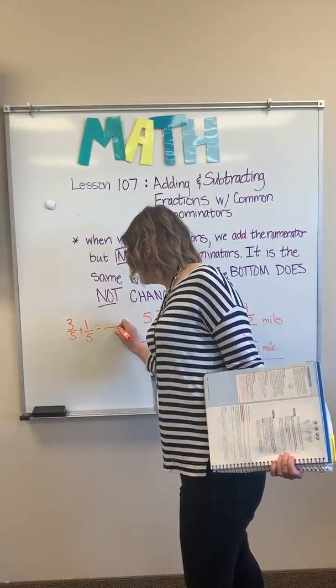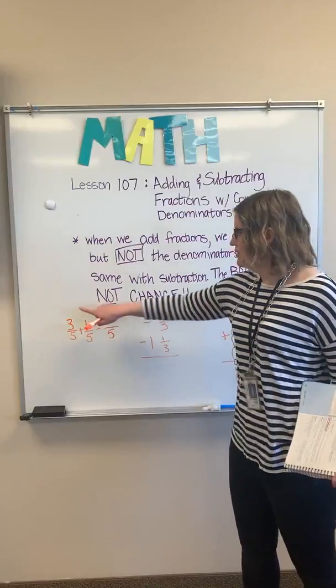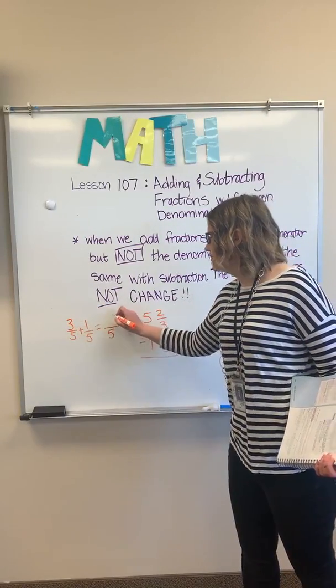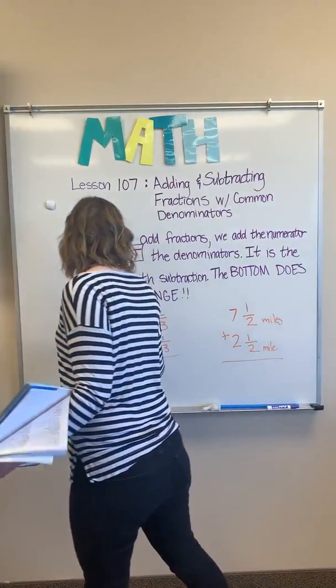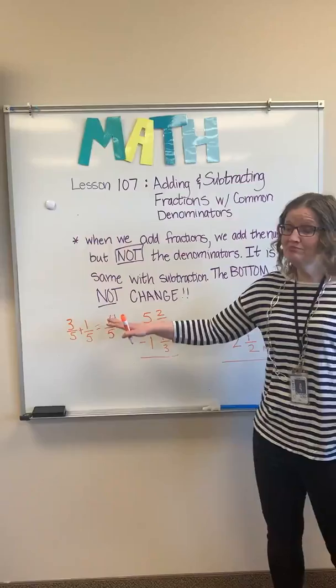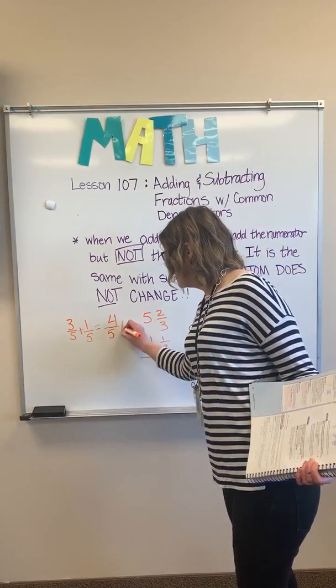So we just keep the denominator the same, and we add the numerators, which is 3 plus 1. So when they are buying nuts, they ended up getting 4/5 of a pound.